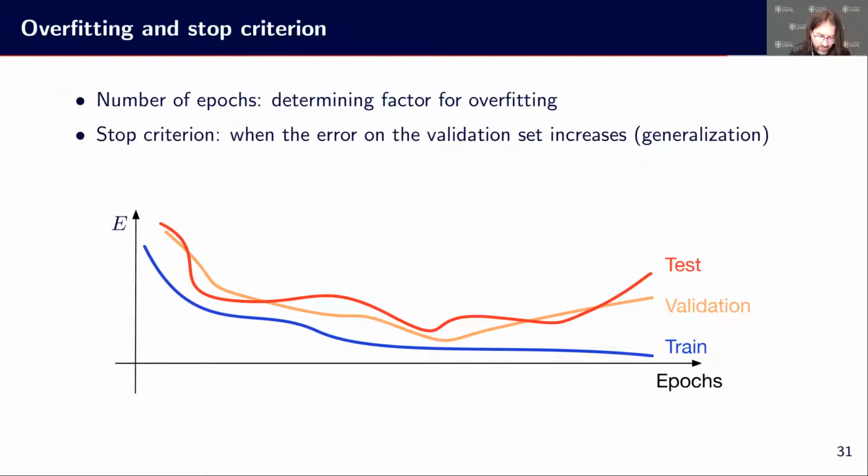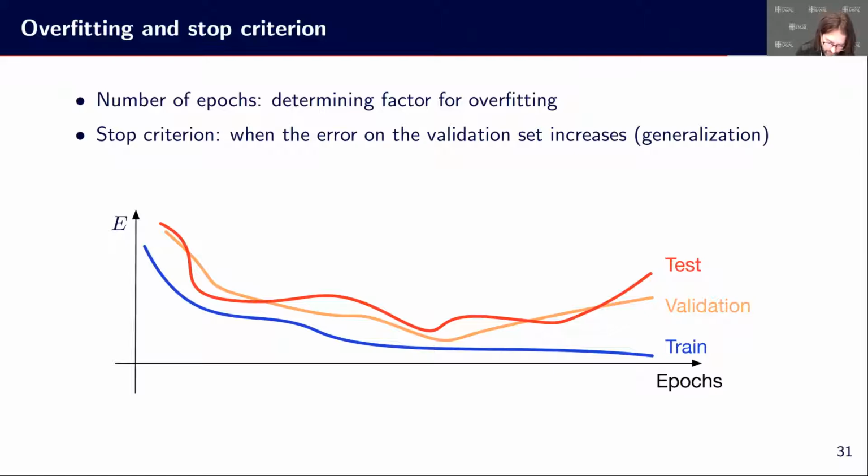And as such, we need to have some kind of validation set that is used to monitor the performance along the training, and that is used as a stop criterion. When we see that the error starts to increase significantly on the validation set, we should stop training, and we should use the network, in fact, that has the best performance on the validation set.